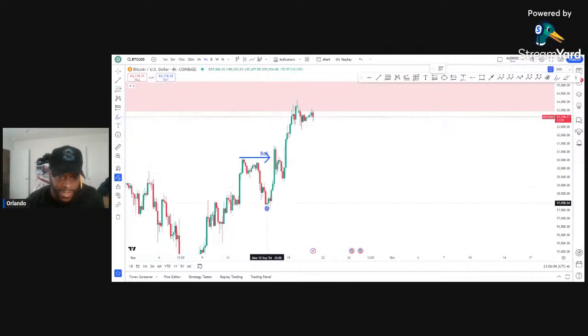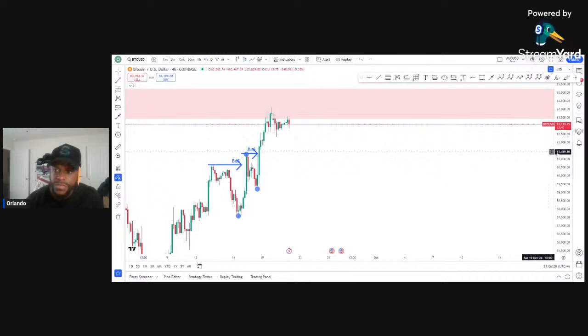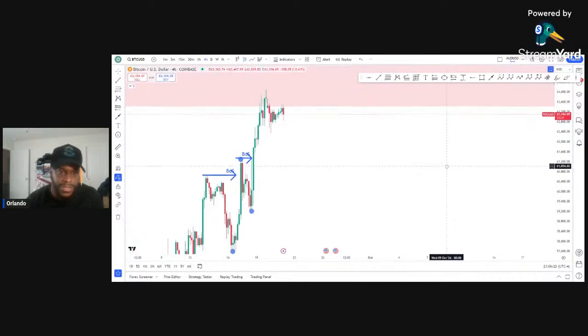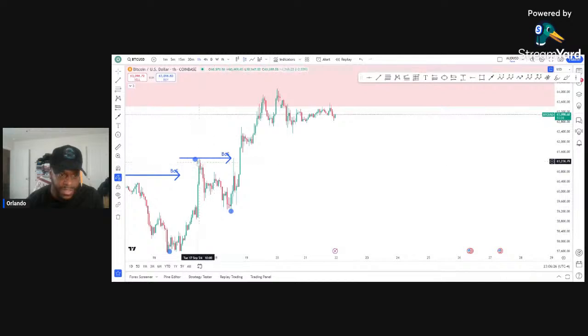You got this accumulating, reaccumulating, breaking structure, creating this high, creating this low, breaking structure again. All right, so now let's go to the H1. Let's go to the H1, see what it's talking about.